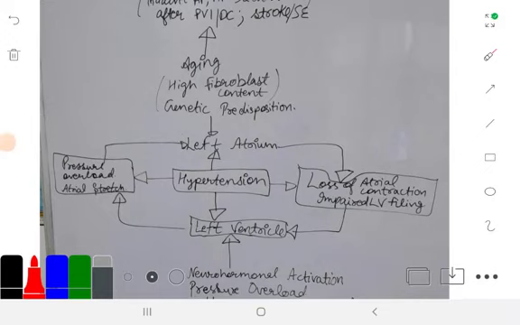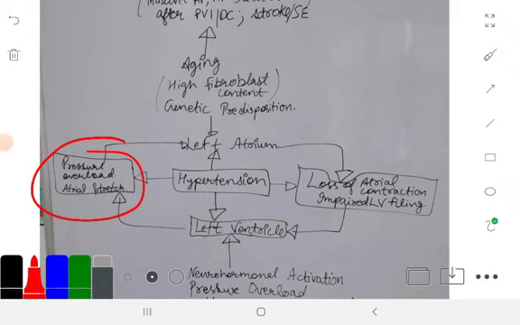Now we will study how hypertension develops. If there is pressure overload and more atrial stretch, the left atrium loses atrial contraction, leading to impaired left ventricle filling.